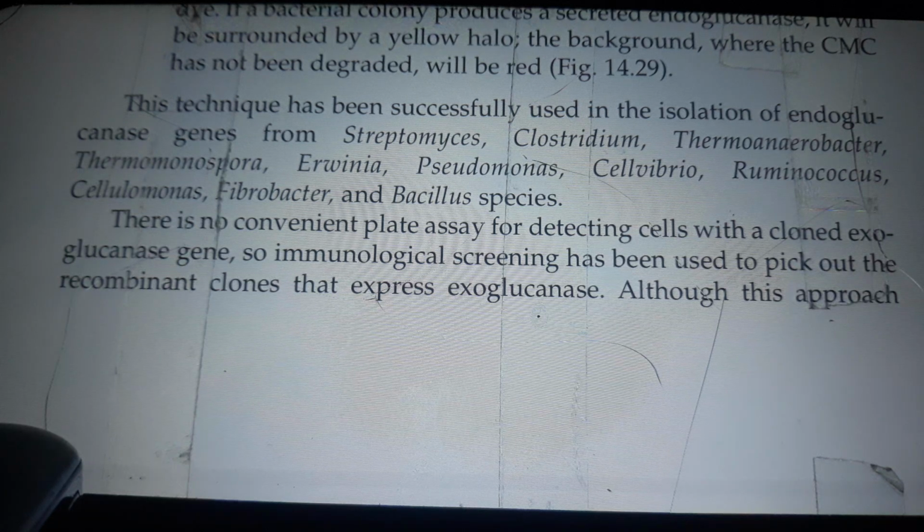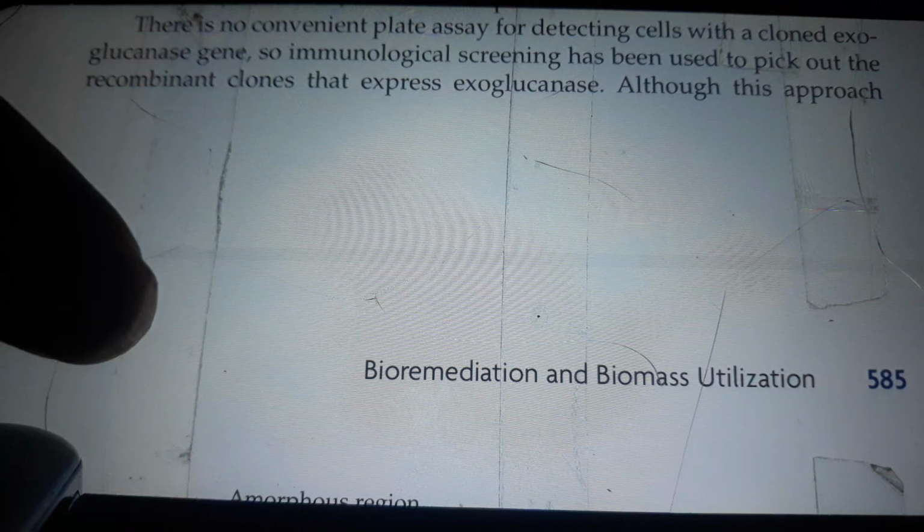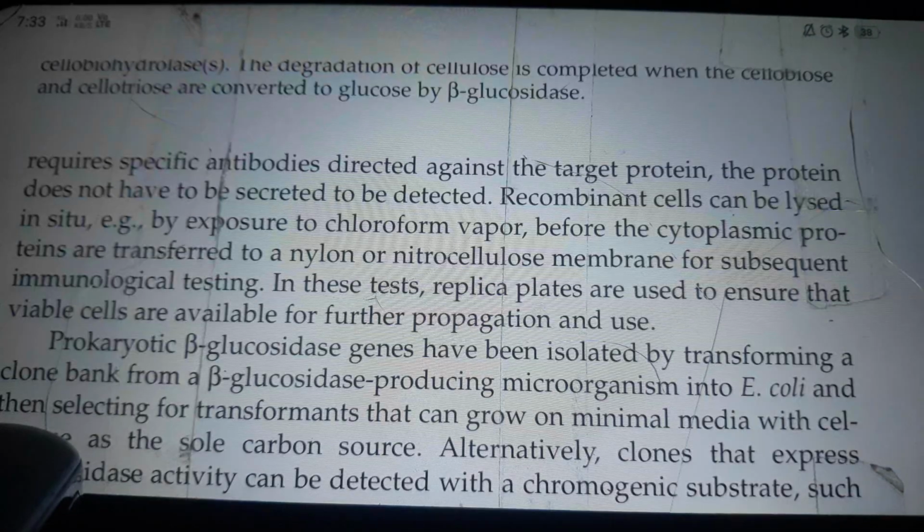There is no convenient plate assay for detecting cells with a cloned exoglucanase gene, so immunological screening has been used to pick out the recombinant clones that express exoglucanase, although this approach requires specific antibodies directed against the target protein.